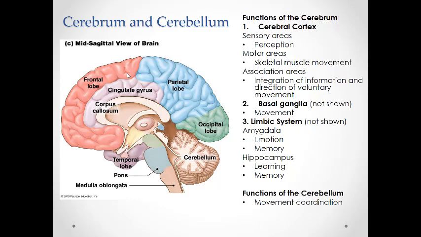Your basal ganglia, which is not shown here, is also responsible for movement. The limbic system, also not shown, consists of the amygdala and the hippocampus. The amygdala is responsible for coordinating your emotions and memory, and the hippocampus is for learning and memory. And the function of the cerebellum, which is down here, is movement coordination.